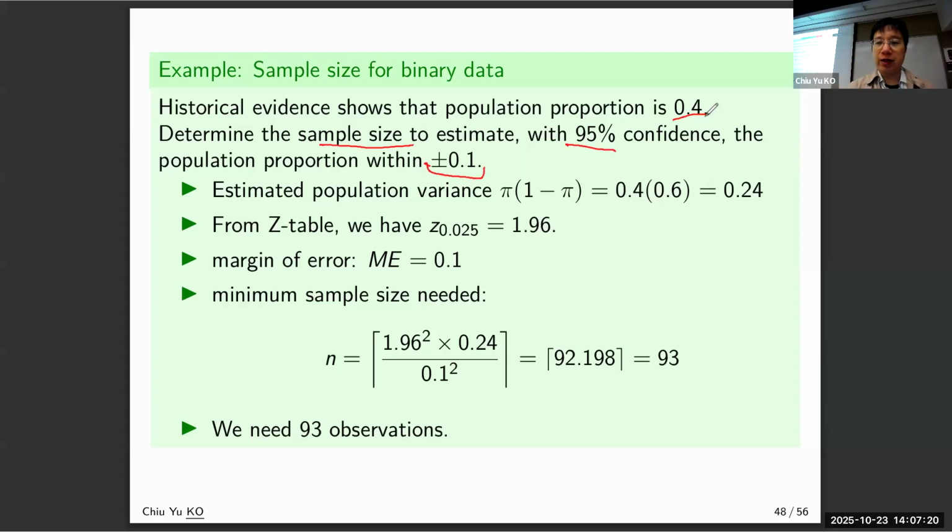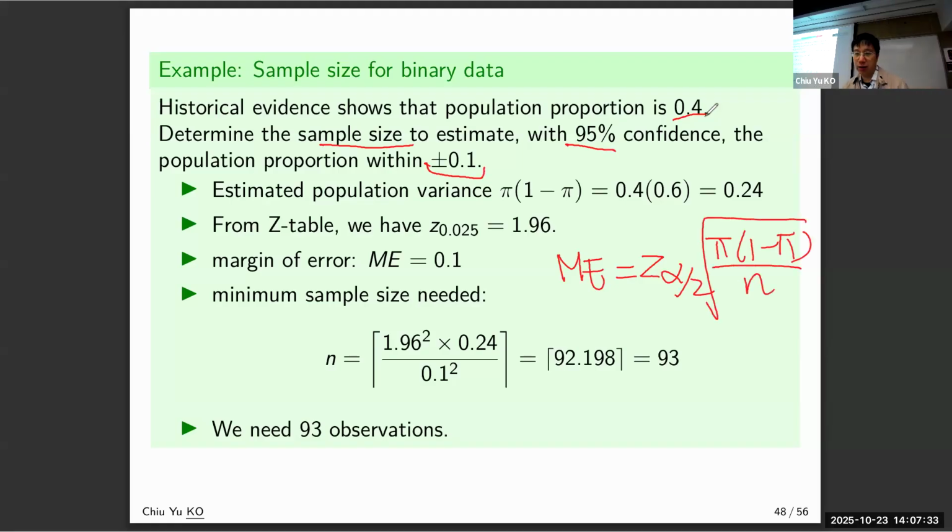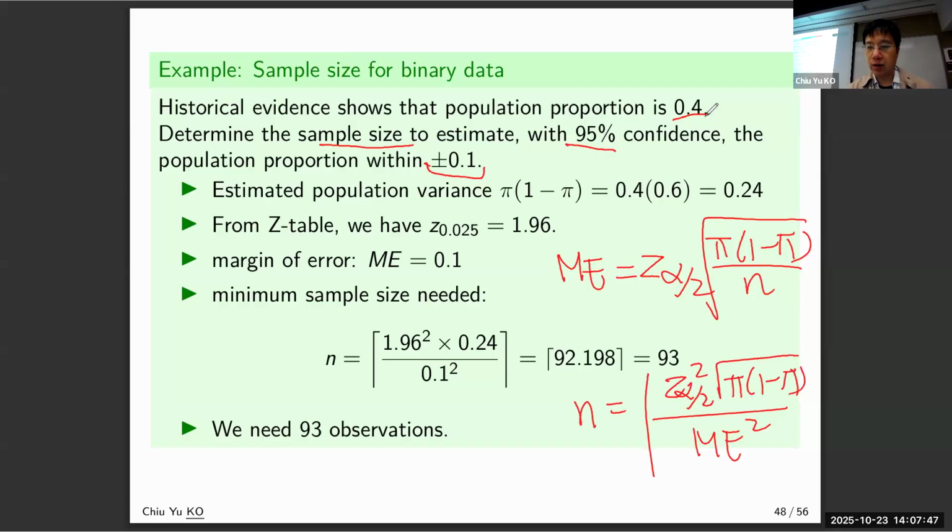So remember the ME for this case is C alpha over 2 times the square root of pi times 1 minus pi over n, right? So that would be the ME, and we write n is equal to the square of that over ME, with pi times 1 minus pi. So that would be the formula there.